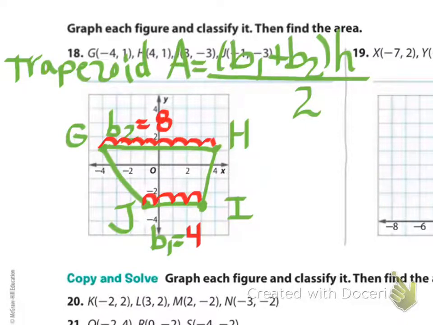Now, we also need the height. And the height, if you remember, is coming straight down, making a 90-degree angle. So it's not the slant height, but we're talking about right here.